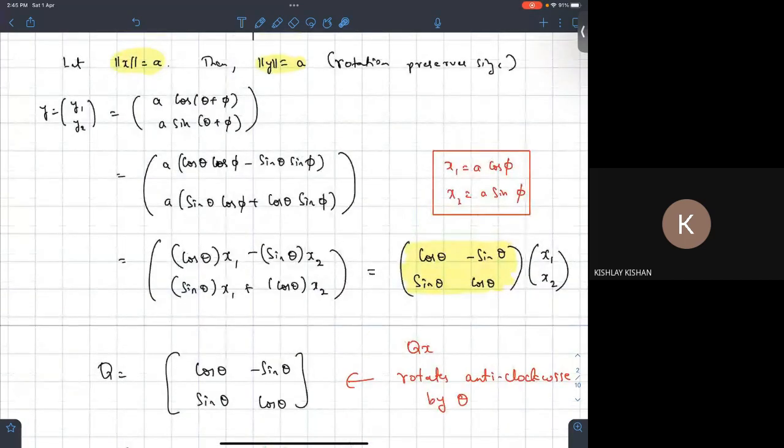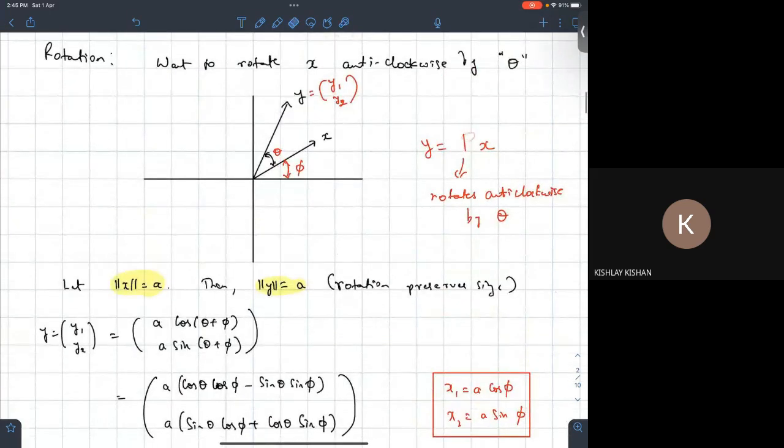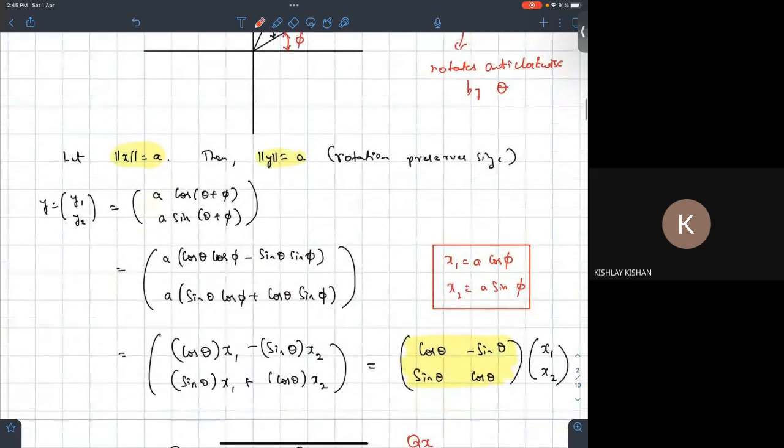I called it Q. There's a reason why I call this Q. Why is it orthogonal? What's the length? It's 1. And you take the dot product.